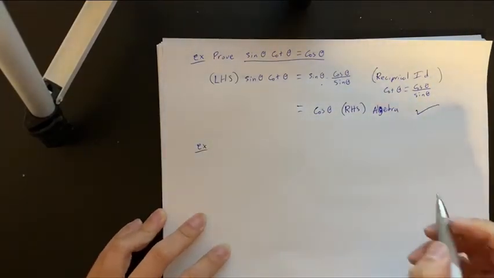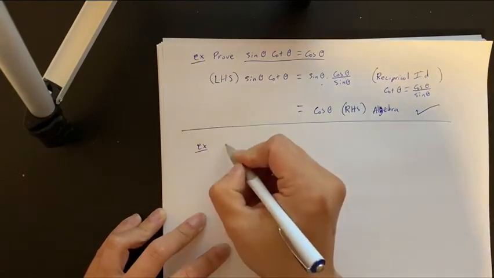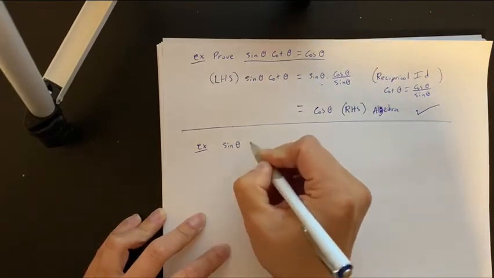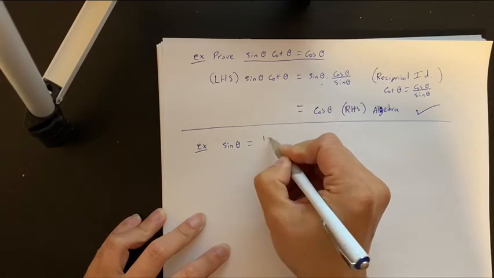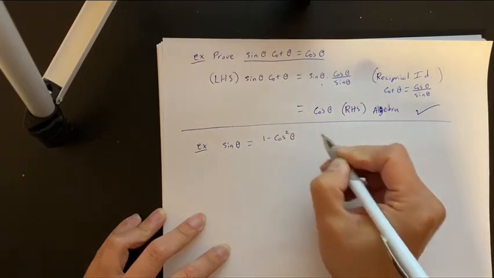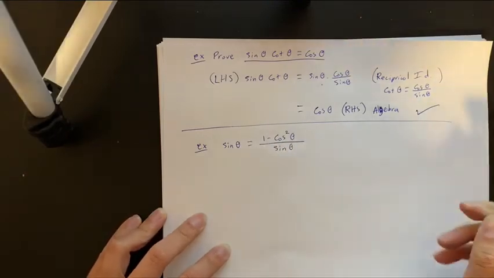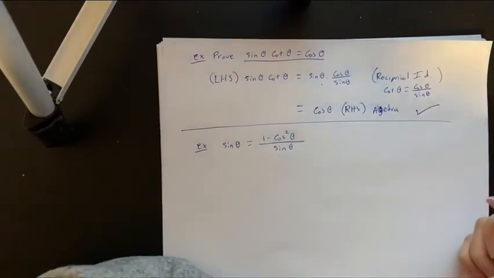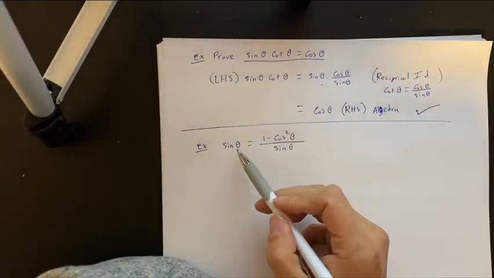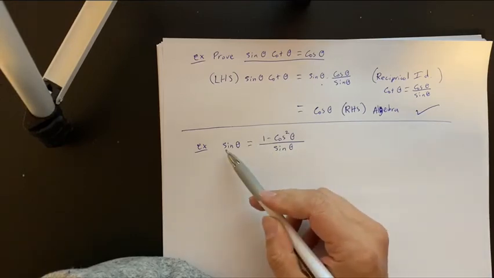Here's the next example. So I'm going to prove that sine of theta is equal to 1 minus cosine square of theta divided by sine theta. All right, so this is the left-hand side, this is the right-hand side. I'm going to have to begin on one side and get to the other side.